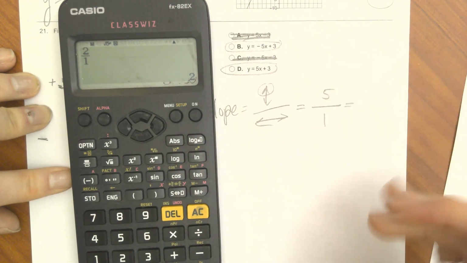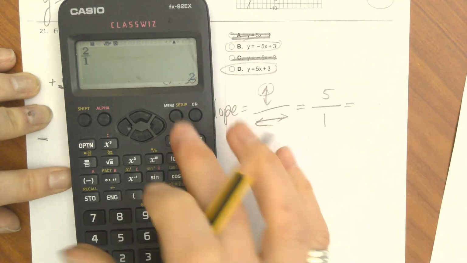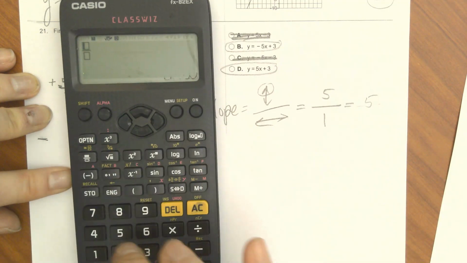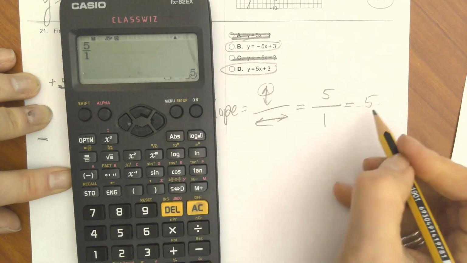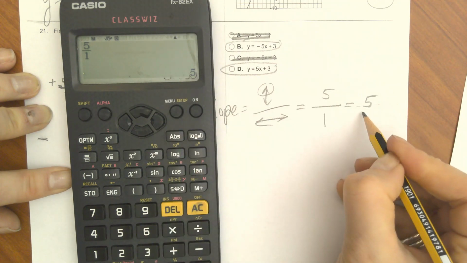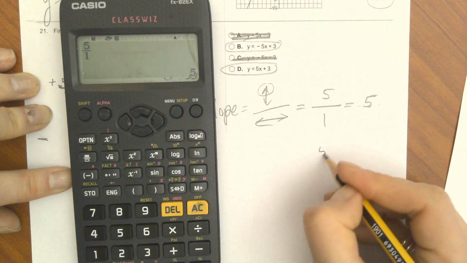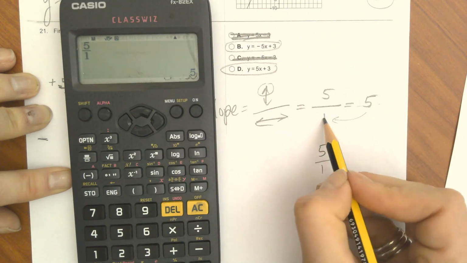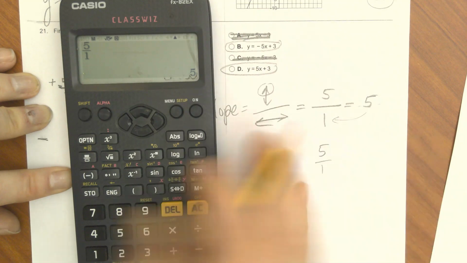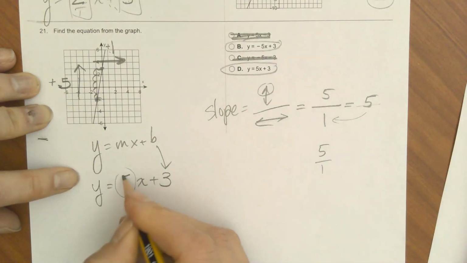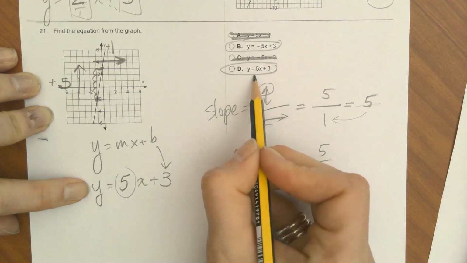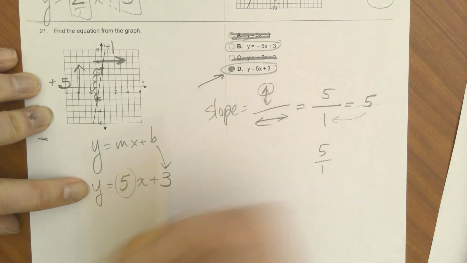I think this is going to be equal to 5. Let's check. 5 over 1. Yeah, it's just equal to 5, because if I have a 5, I can make it a fraction by just putting it over 1. So 5 over 1 is equal to 5. Coming back here, my slope is 5. Not negative 5, positive 5. So it's D. Okay?